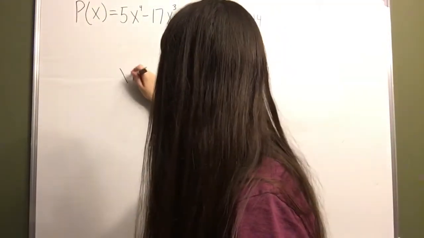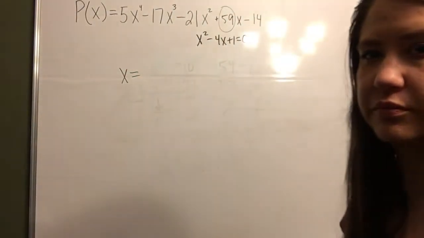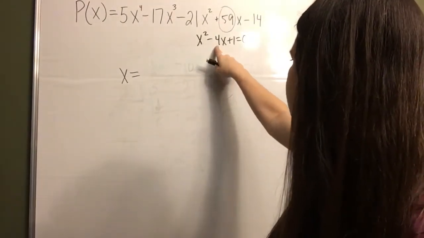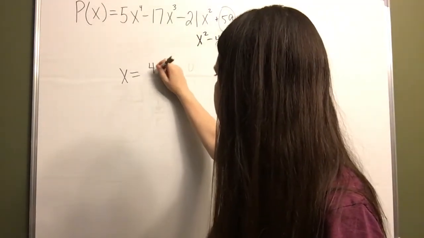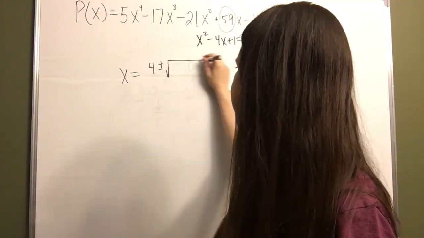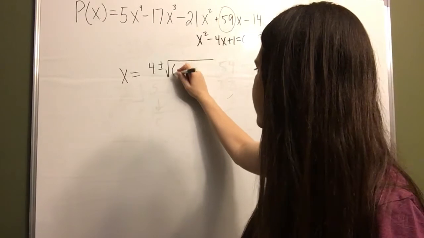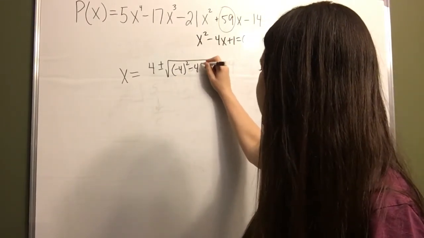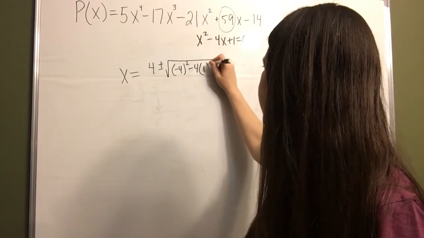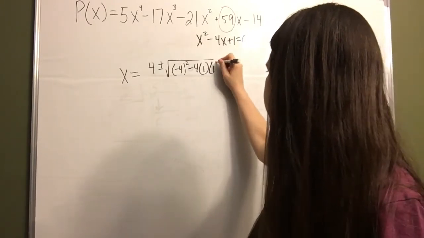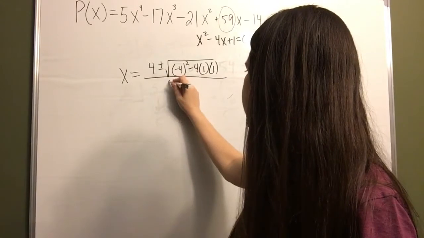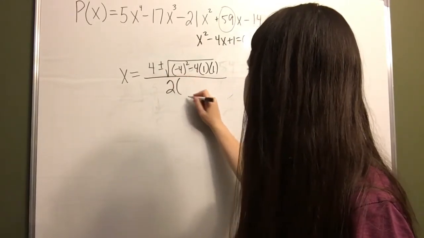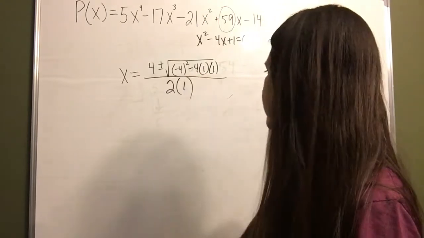If we use the quadratic formula, it's going to be x equals negative b, which will be positive 4, plus or minus the square root of b squared, which will be negative 4 squared, minus 4 times a, which is 1, times c, which is 1, all divided by 2 times a, which is 1.